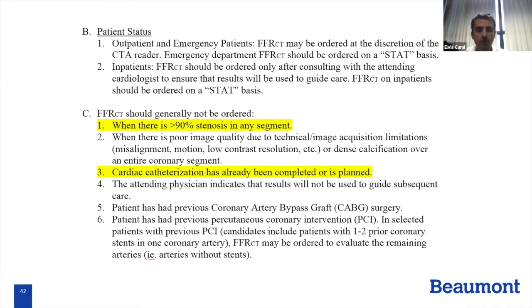And in general, if there is such a severe stenosis, greater than 90%, we're not going to send those for FFR because those patients are going to go to the cath lab likely anyway. Or in patients where a decision has already been made that the patient's going to go to the cath lab, we usually don't send those for FFR as well, because again, there's a cost to this, and then it just becomes wasted.